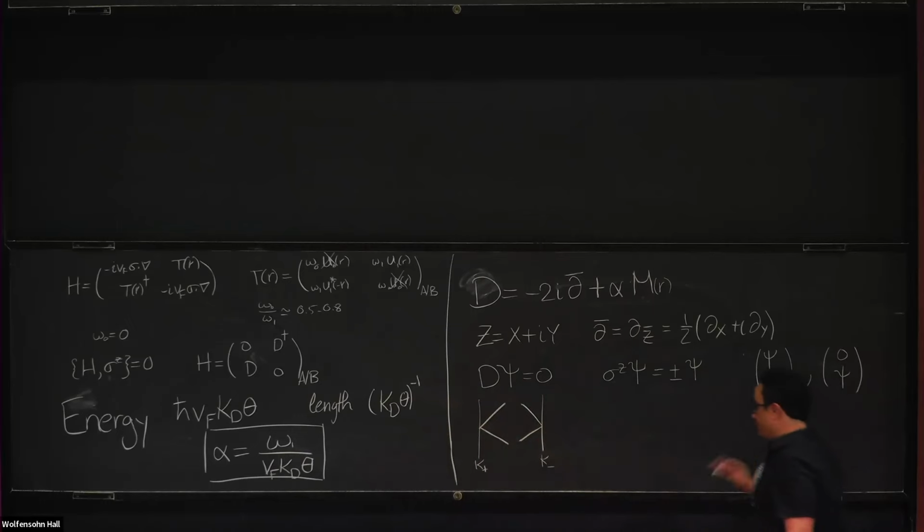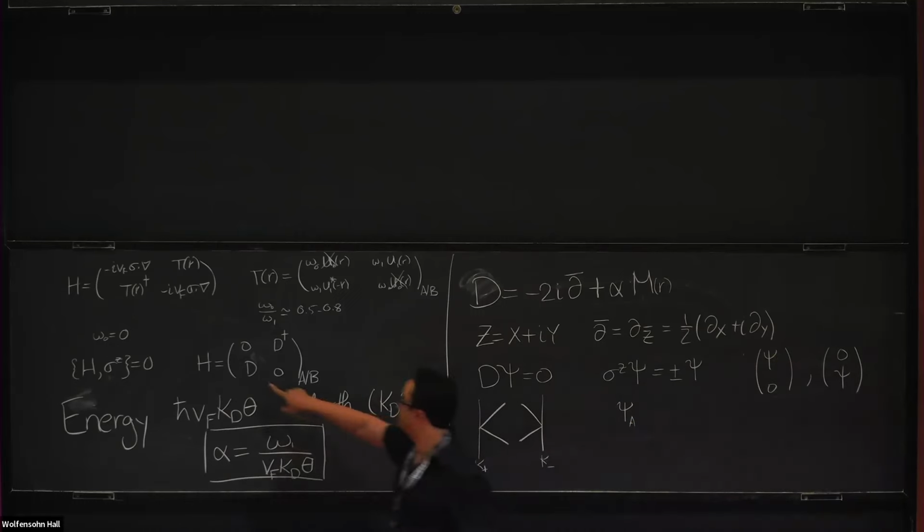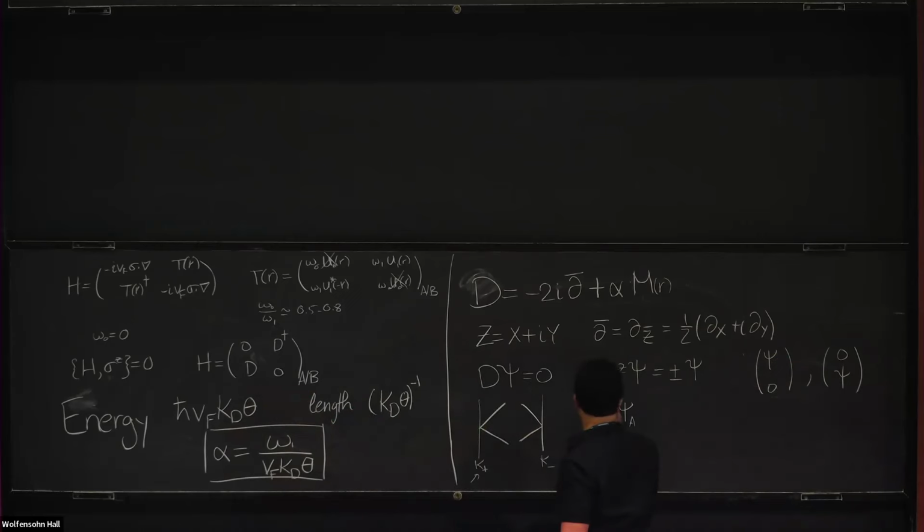And let me, for the moment, focus on one of the points, like k plus. What this tells me is that at the point k plus, I actually have 2 zero modes. One of them is localized on sublattice A, and the other localized on sublattice B. The one localized on sublattice A will have this form, which means it's a zero mode of the D operator, so D at k plus is equal to 0.